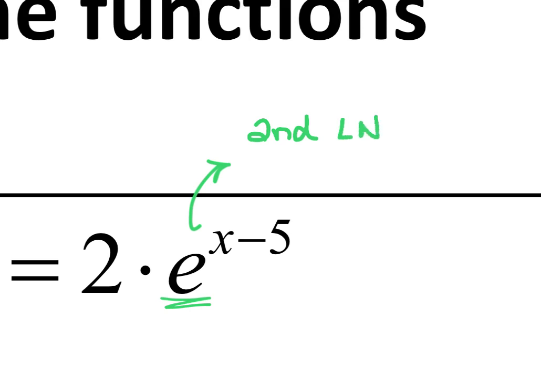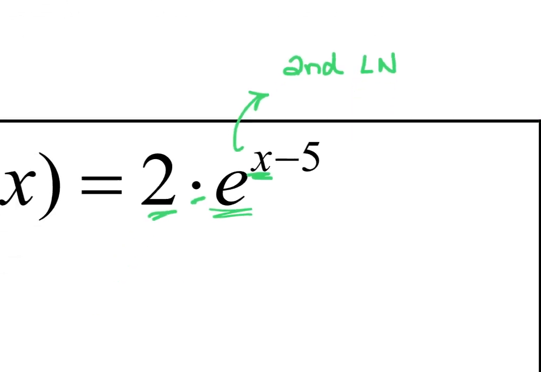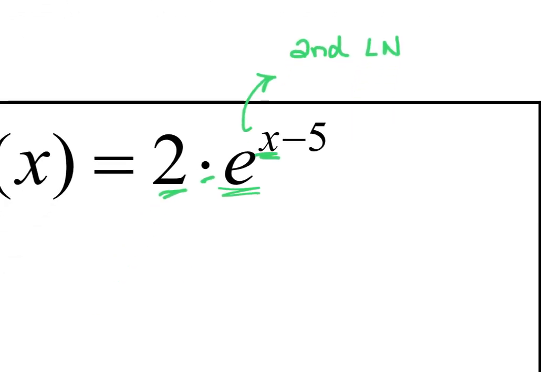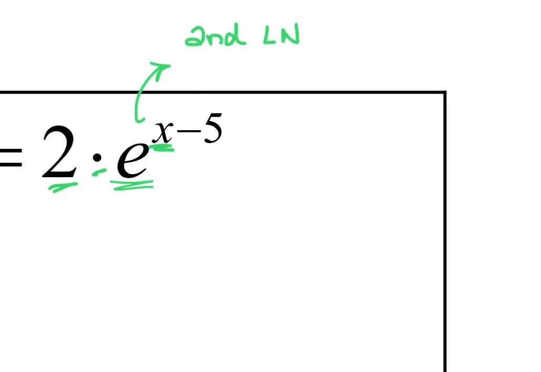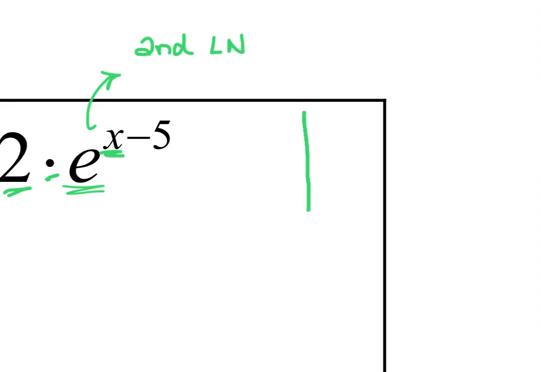So 2 times, you have to type the 2 and the times, second ln, and the calculator puts the e, but it also takes your cursor to an exponent because you never use e without an exponent or a logarithm. So the calculator sets up the e with an exponent. Type in your x minus 5 as the exponent, and then zoom 6 or press graph to look at the graph. And the graph that you should see is something like this.